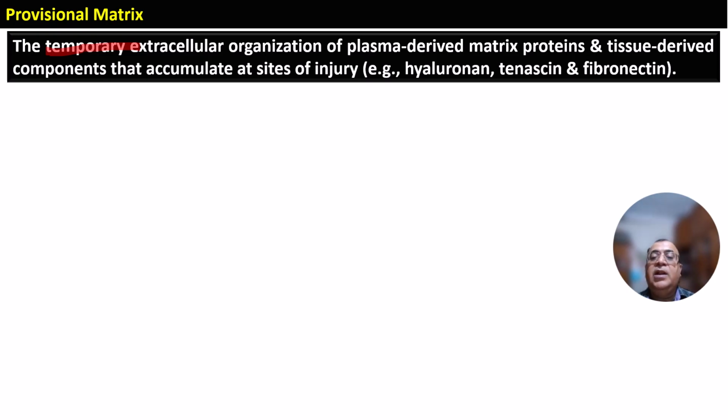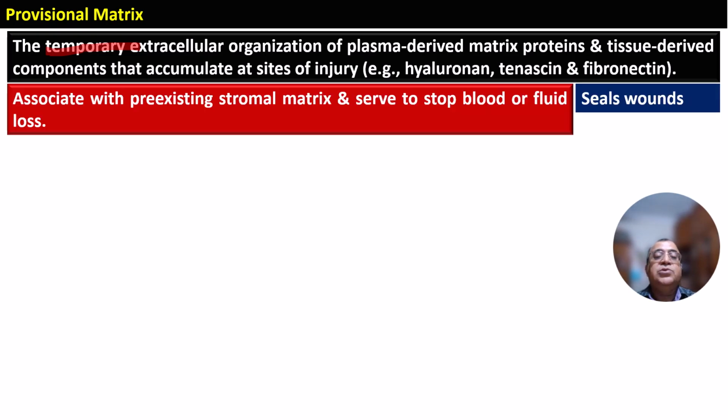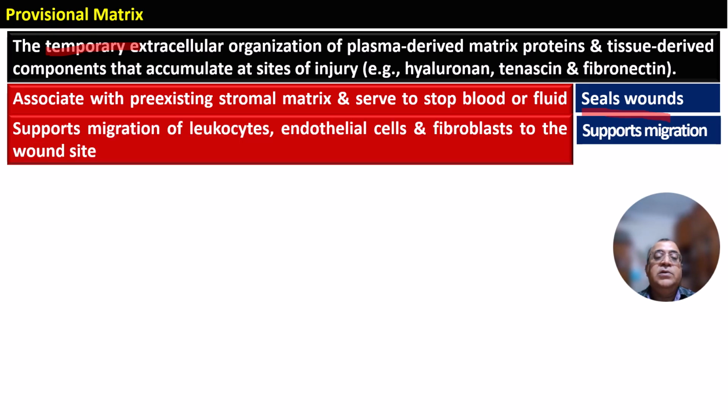For example, hyaluronic acid, tenascin, and fibronectin. They associate with the pre-existing stromal matrix and serve to stop blood or fluid loss. So, the primary function is to seal the wound.